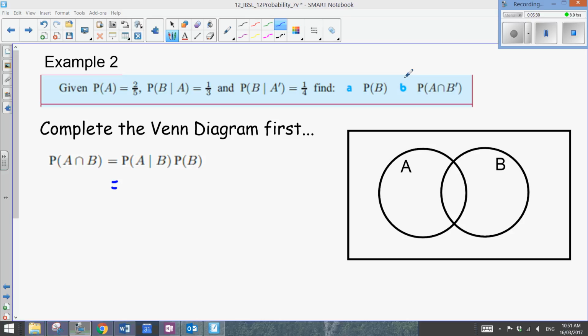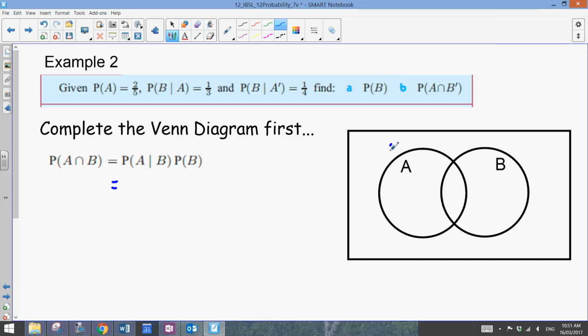For this next example, you are given probability of A is 2/5. So we know for this entire circle, we've got 2/5 probability. Then the probability of B given A is 1/3. So out of A, what's also in B is 1/3.